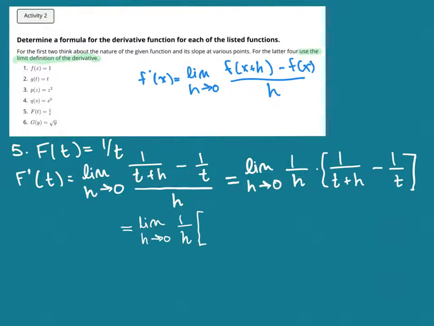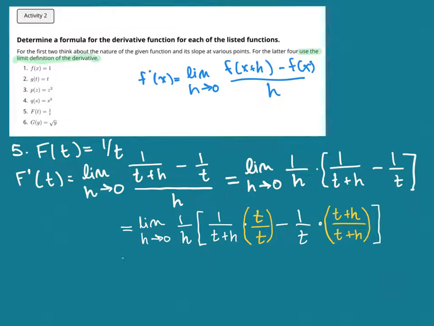Common denominators, so I'm going to take 1 over t plus h, and multiply that term by a dressed up version of 1, which is t over t. I'm going to subtract 1 over t, but I will multiply that by a dressed up version of 1, which is t plus h over t plus h. Okay, maybe it's helpful to think about those in parentheses. A good parenthesis can go a long way.